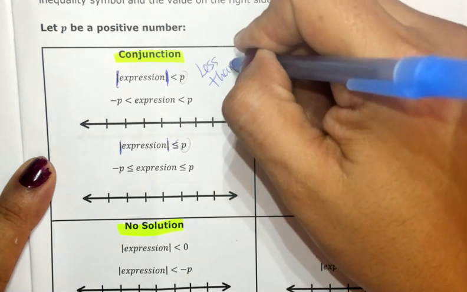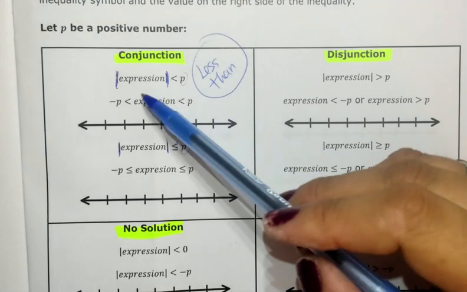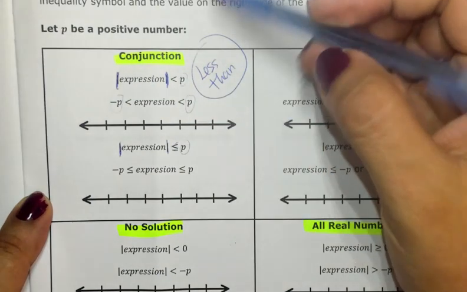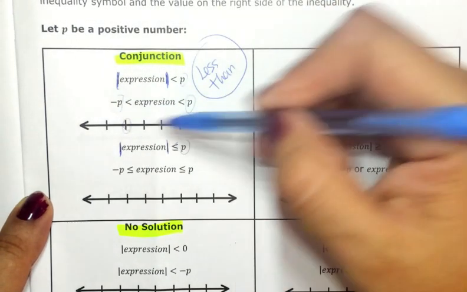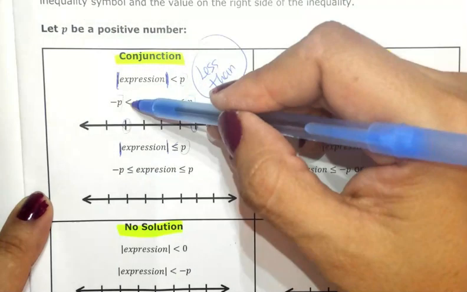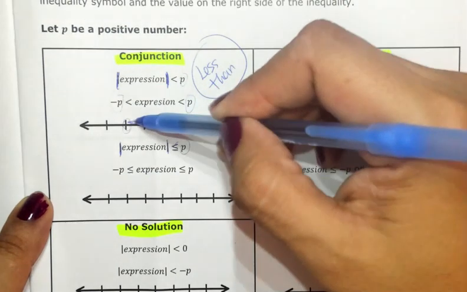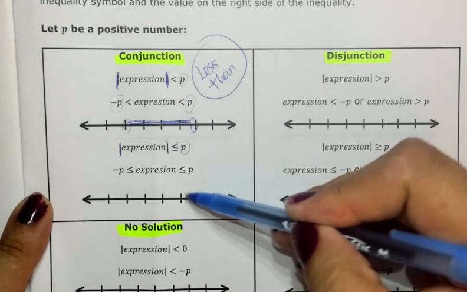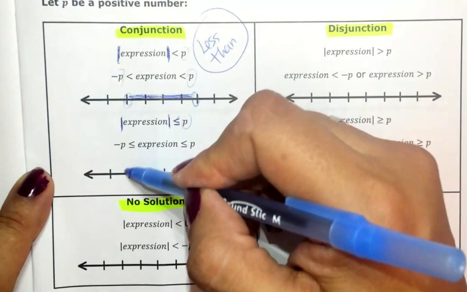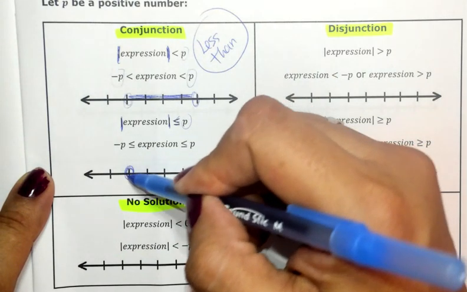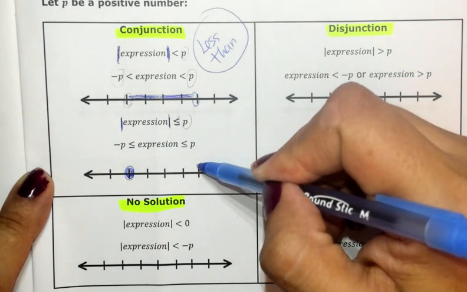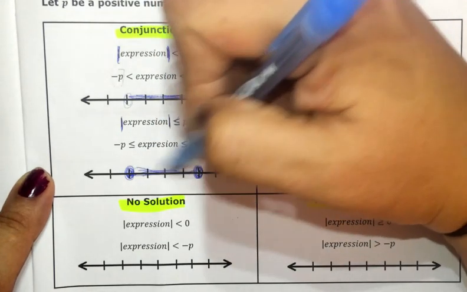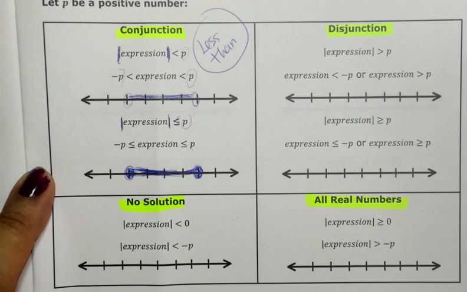That means you're going to have an answer with one value and another value as your endpoints, and all the values in between as solutions. If you have equal to, the solutions include those endpoint values and any value in between.